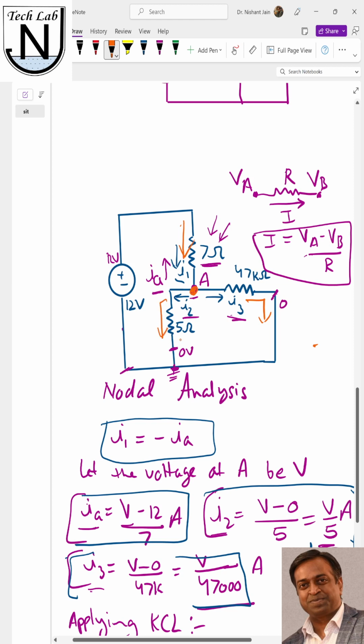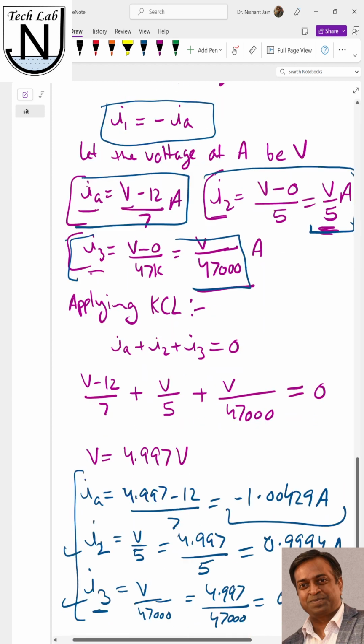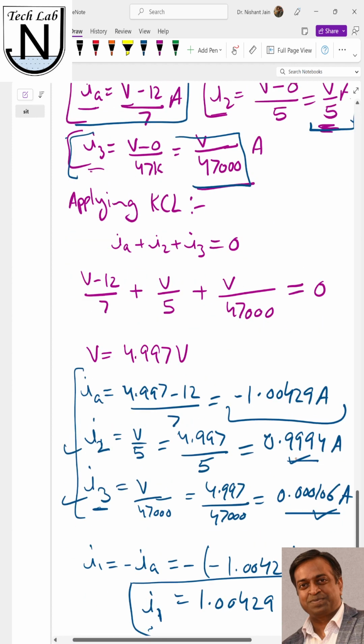Since 5 ohm is very small in comparison to 47 kilo ohm, most of the current will follow the path that has less resistance. So almost all the current in I1 passes through the 5 ohm branch, and minimum current flows through I3. And so we get a very small value of I3, and I2 and I1 are almost the same. In this way we can verify our answer.